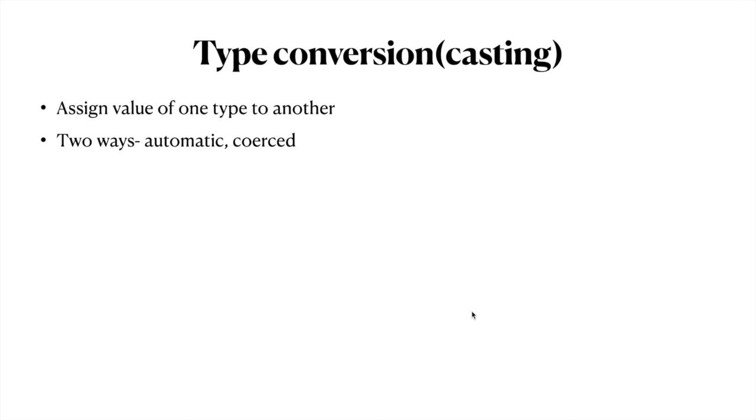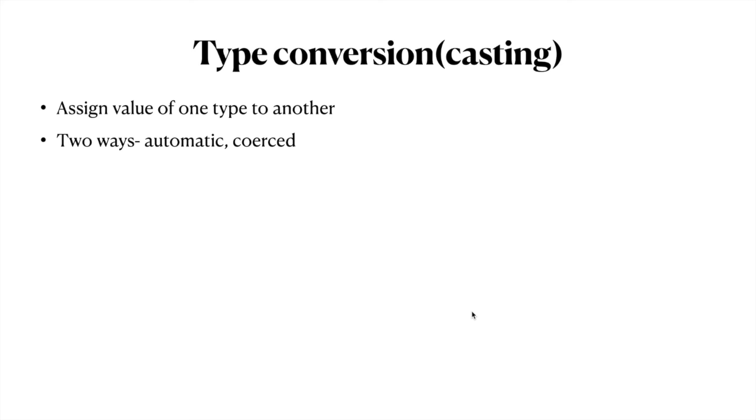The other important concept in data types is converting between data types. If we have a byte data type, can we convert it to int data type? Can we convert a long data type to int data type? That's what we mean by type conversion, and technically it's called typecasting. So it means assigning the value of one type to another, and there are two ways of converting.